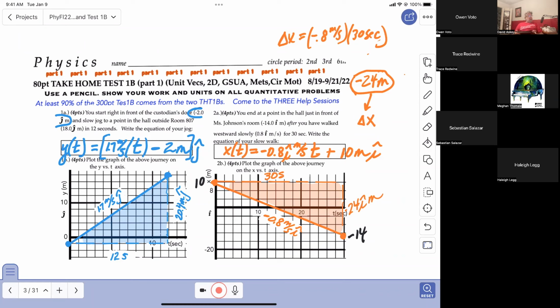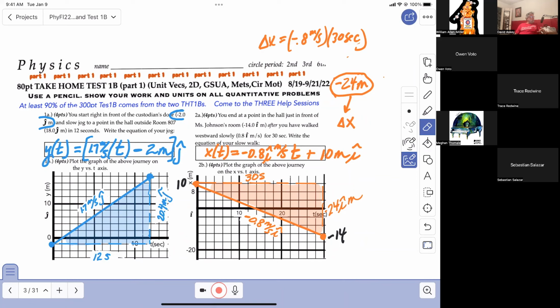The reason I know it's negative is because it's moving west, and you make the default assumption that anything east is positive, anything west is negative. I don't know if I said that specifically, but if it's not spelled out, that's the default assumption. North or up is positive. East or to the right is positive.